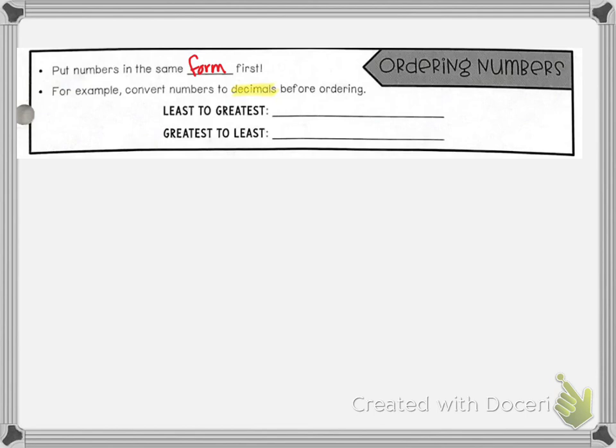And then the key words a question would use: if you wanted to order from least to greatest, you'll find the words increasing and ascending. If the word problem wanted you to order them from greatest to least, you would see words like decreasing and descending.